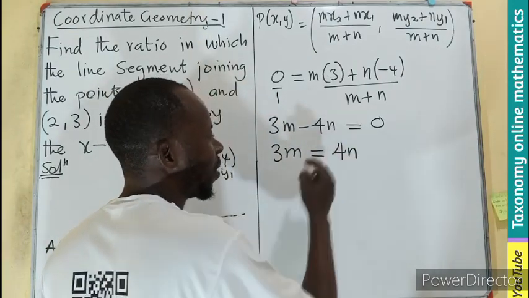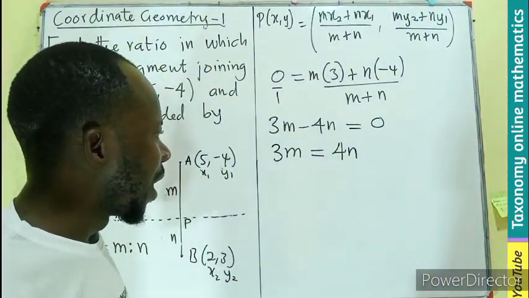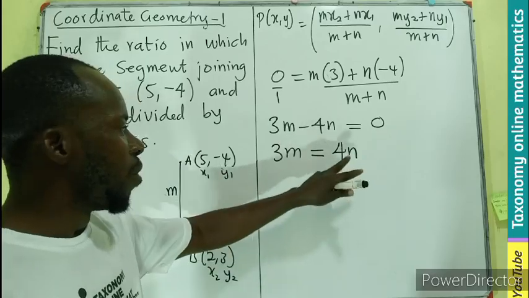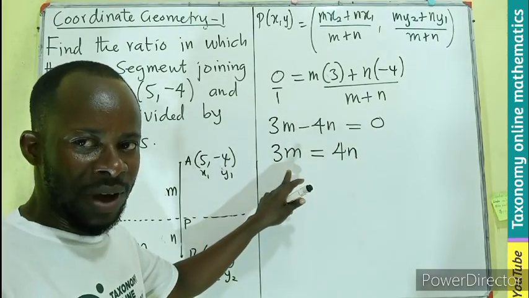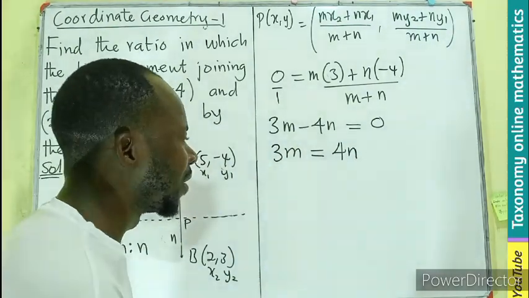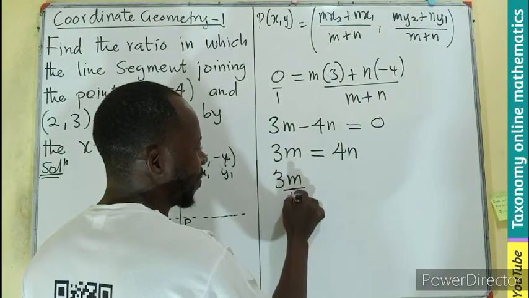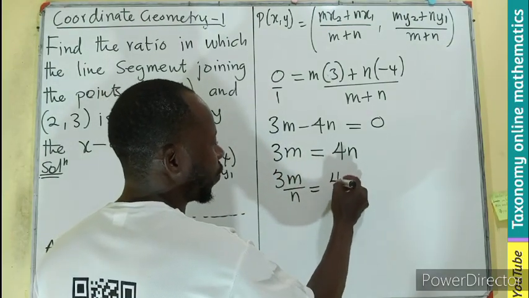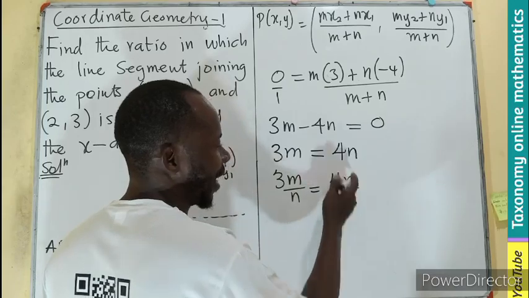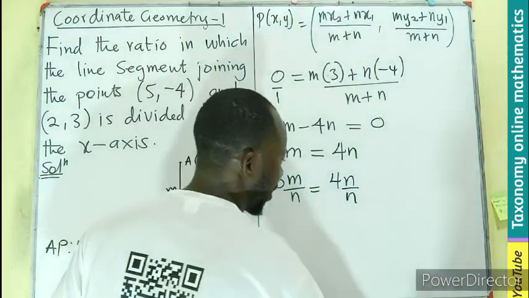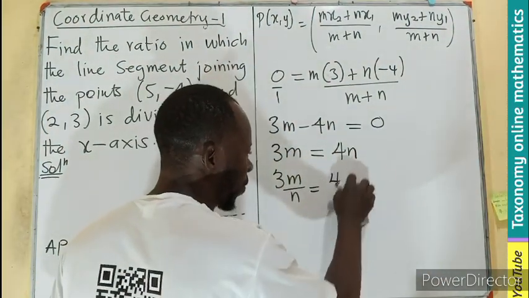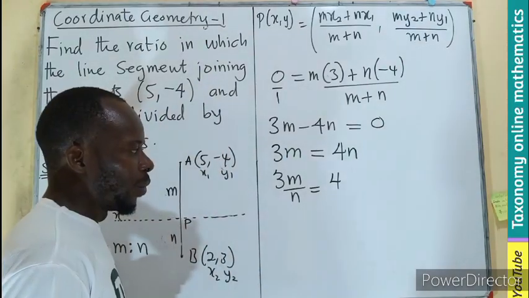What are we going to do? Let's divide both sides by n first and divide by 3. But first, I have 3m divided by n equals 4n divided by n, the n will cancel. So in this case, the n is gone. What are we going to do again?